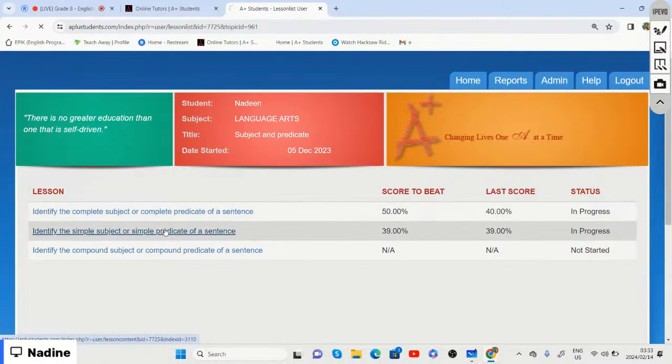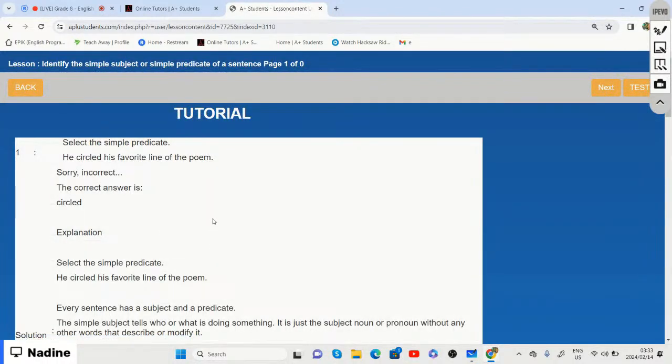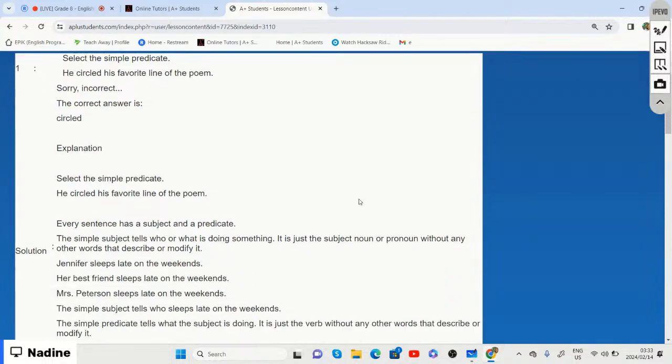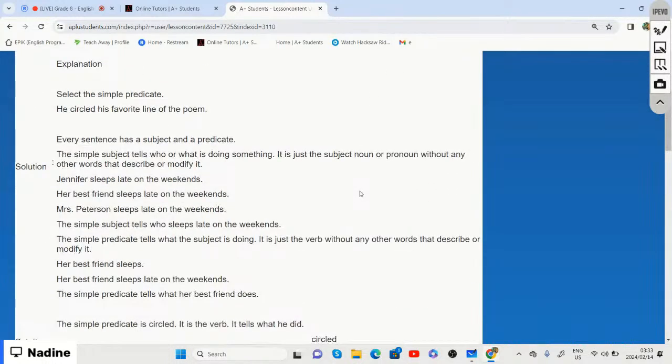Now we're going to identify the simple subject or simple predicate within a sentence, right? So every sentence has a subject as well as a predicate, right? And we said a simple subject tells us who or what is doing something. It is a subject noun or a pronoun without any other words that describe or modify it.